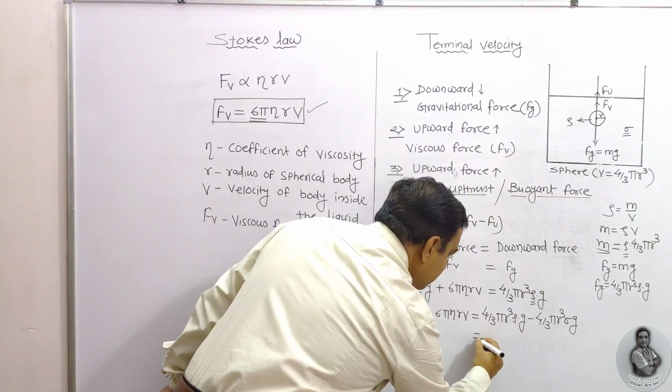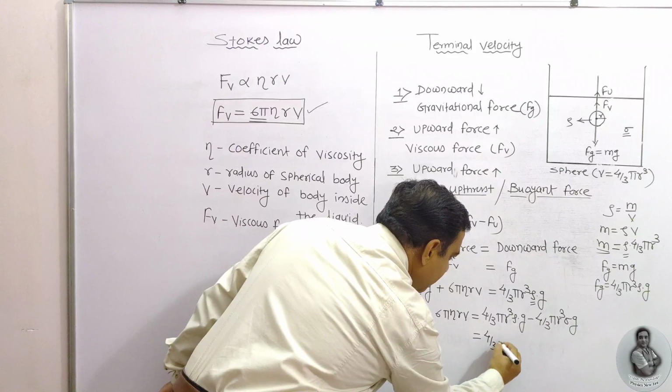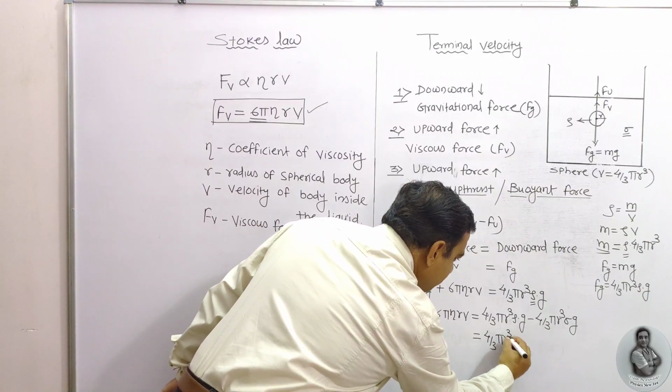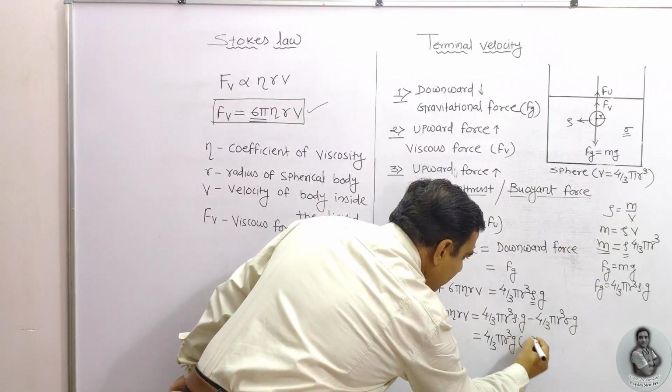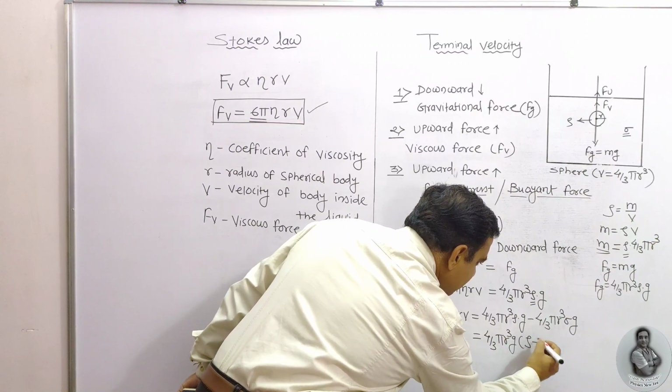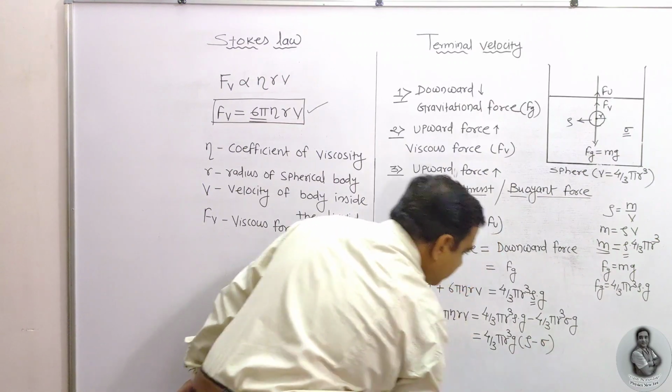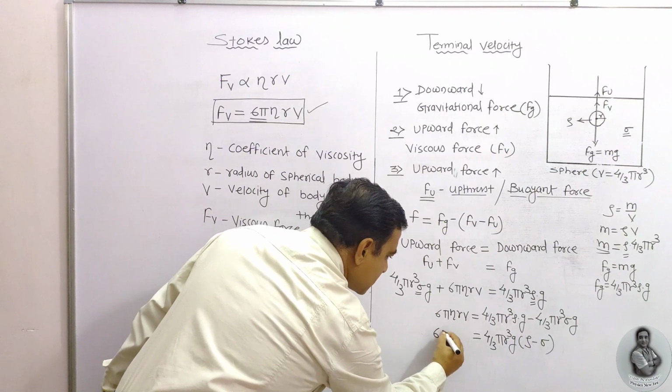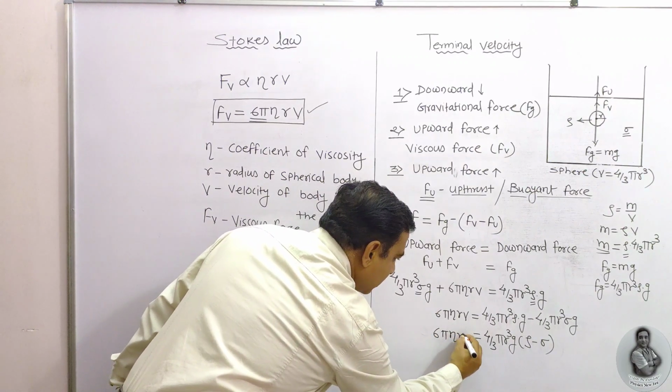In all the terms, 4 by 3 pi r cube into g is common, and the only factor in the bracket is rho minus sigma, so that 6 pi eta r v equals 4 by 3 pi r cube g times rho minus sigma.